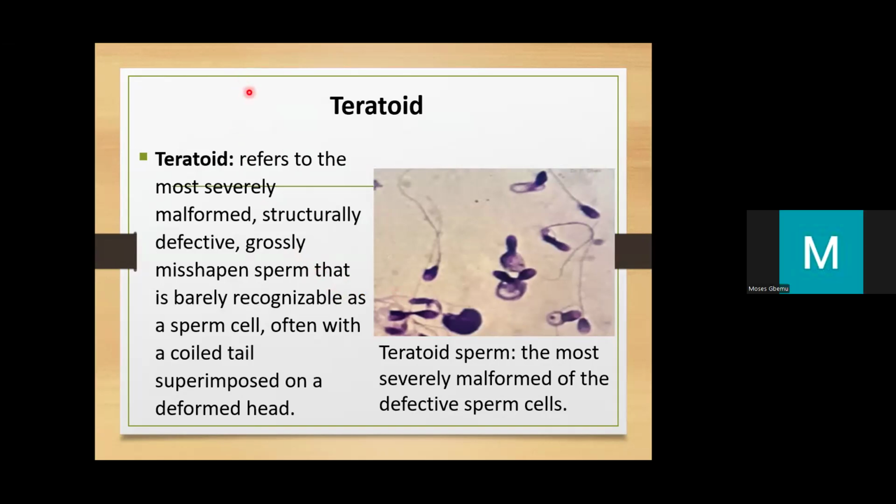Teratospermia. Okay. Now, terato has to do with abnormal structure, so you have the teratoid. Meanwhile, OID as a suffix means something like. So you are having a sperm whose structure, I mean, you can't even define it.